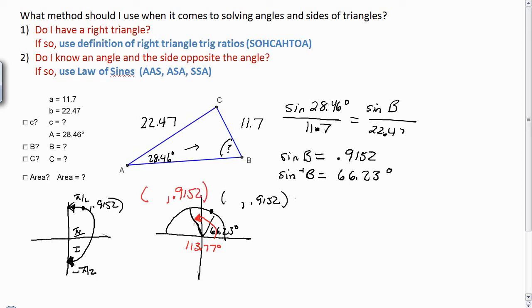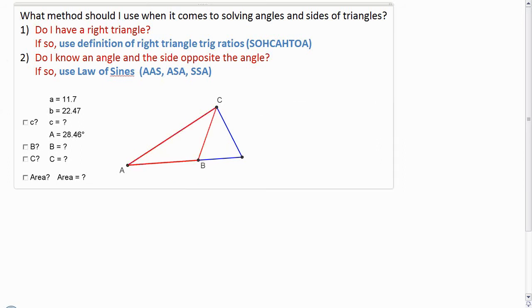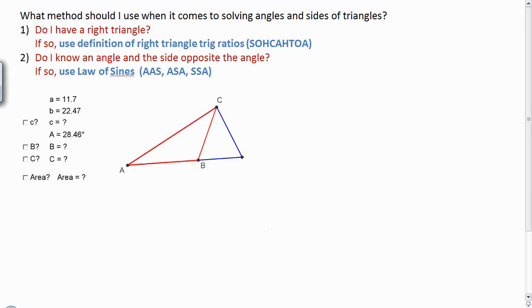Since that angle happens to be within 180 degrees, why could that potentially not be the triangle? In fact, if I actually tried drawing a triangle out, 11.7 could still be this side, I could still have my 22.47, and I could still have my 28.46 degrees.